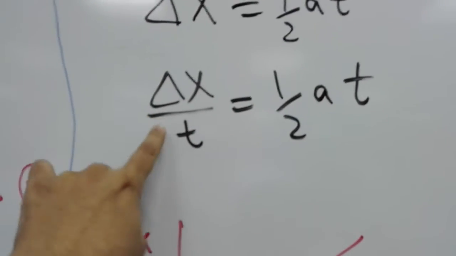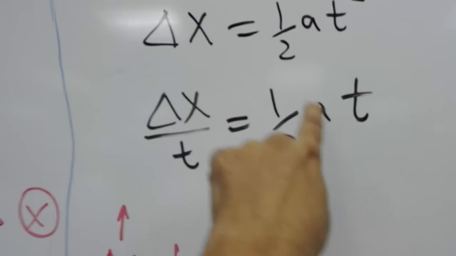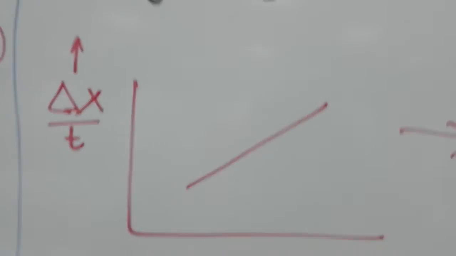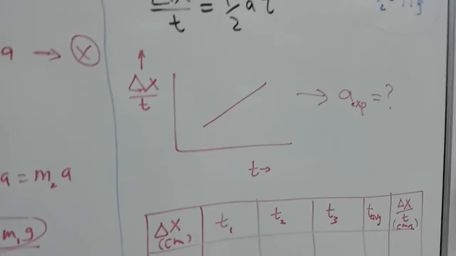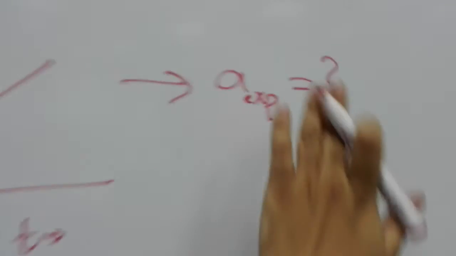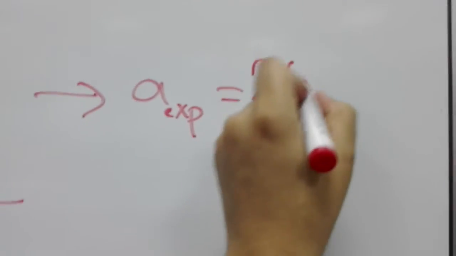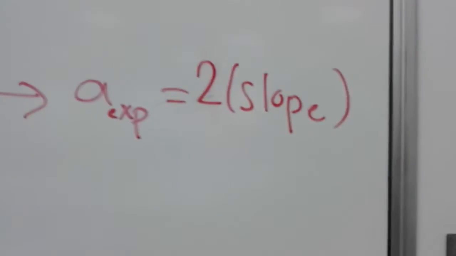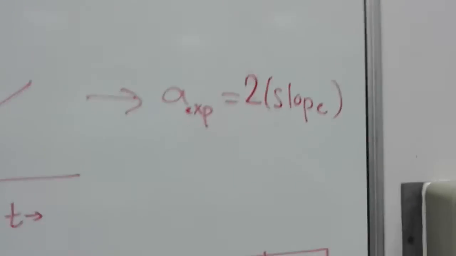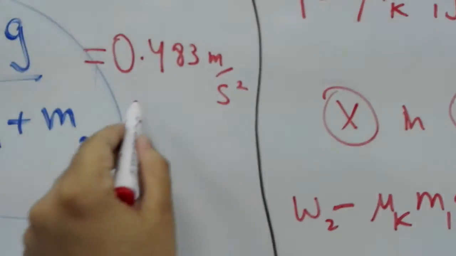Now if you plot delta x over t versus t, you get this as your slope. So the experimental value of your acceleration is going to be twice the slope from Excel.